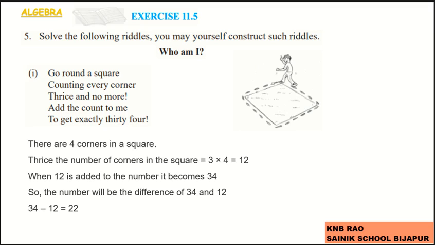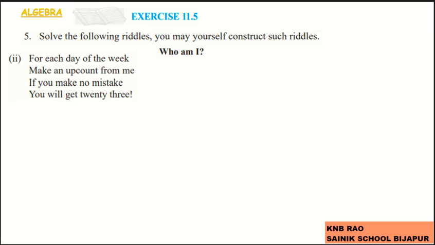Now, riddle 2: for each day of the week make an up count from me. If you make no mistake, you will get 23. So, you got already 23, let us say. We will go back. The result was 23 when the old number was up counted on, let us say, Sunday.